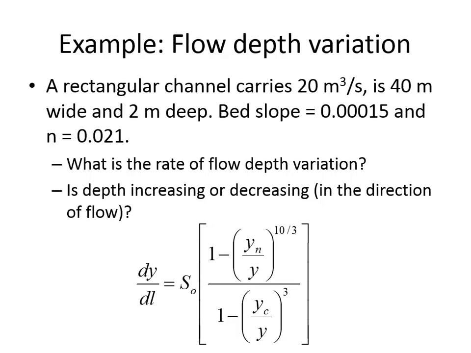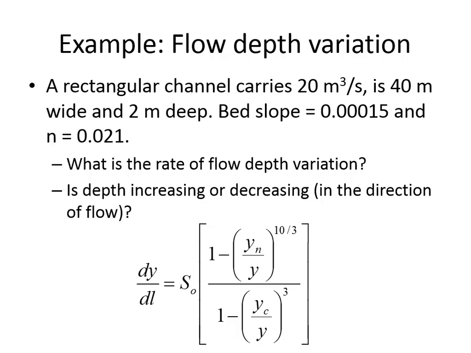And with that, we calculate the critical depth: flow per unit width squared divided by g, to the 1/3 power. The critical depth is 0.2943 meters.